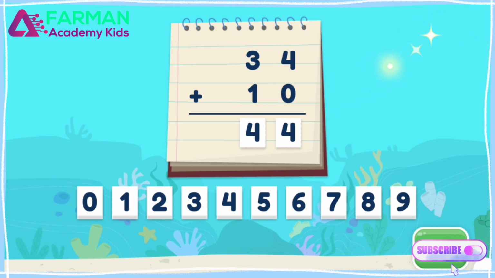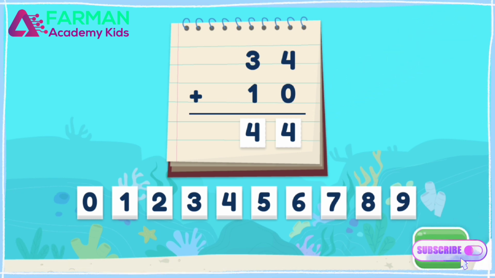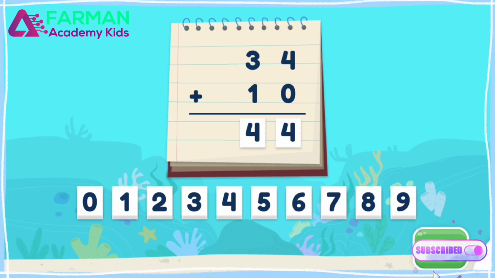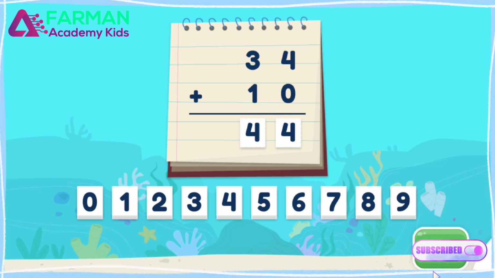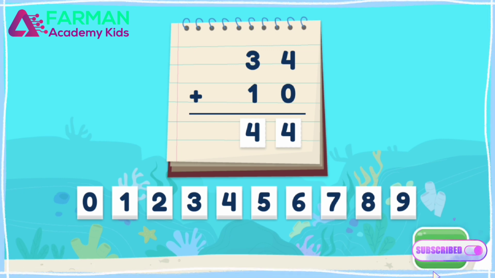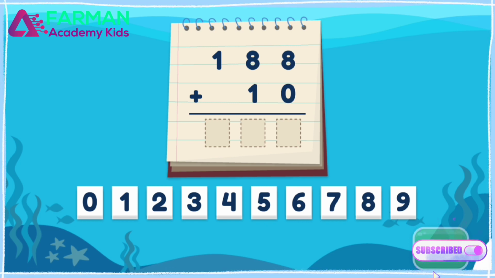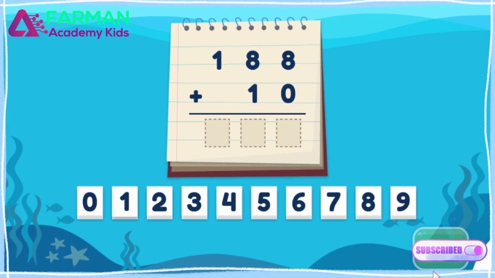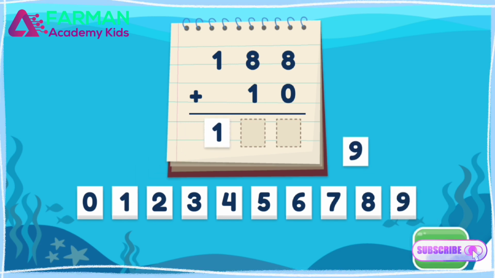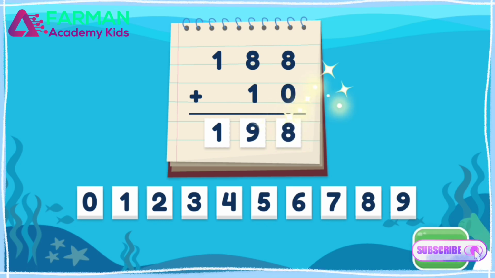You got it! Did you know you can solve this problem a different way? Look at the number, 34, and the answer. If you are adding 110, you can increase the number in the tens. Let's try it with a bigger number. Look at the number, 188. Where is the tens place? Add 1 to it. Nice work!